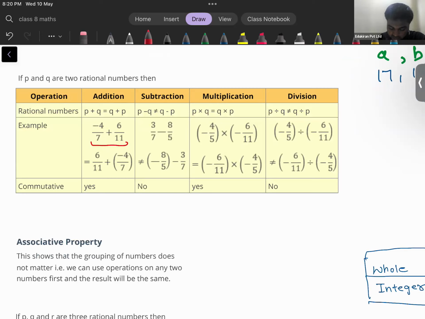Find out the value of -4 upon 11 plus 6 upon 11. We take the LCM, so it gives you -2 upon 77. What about this?